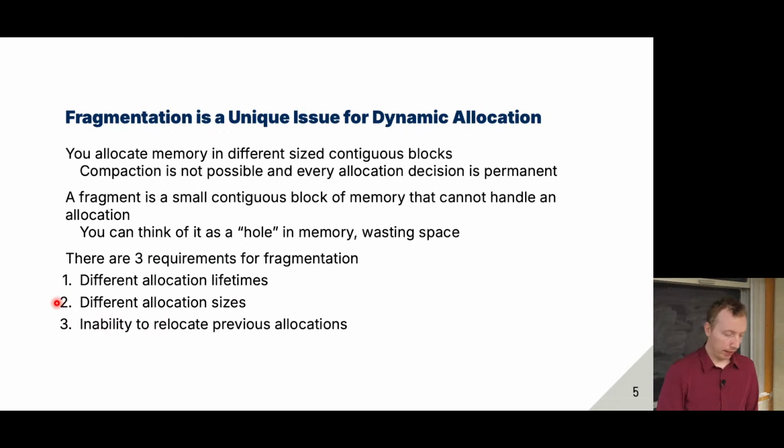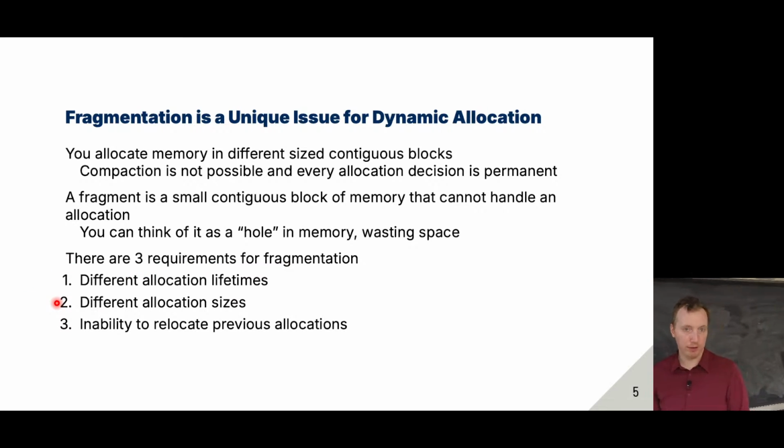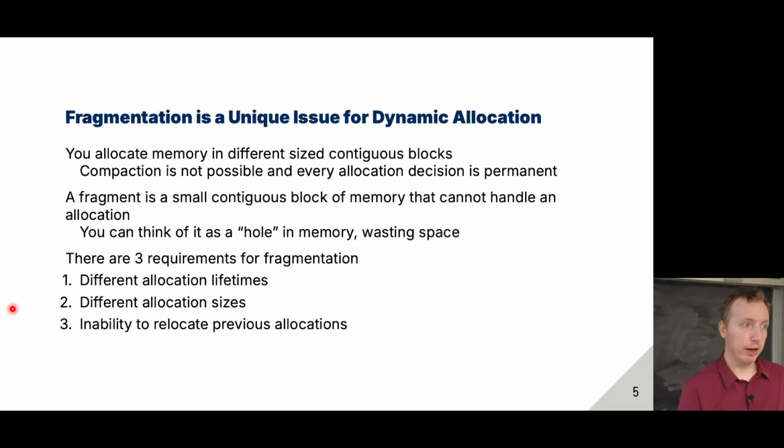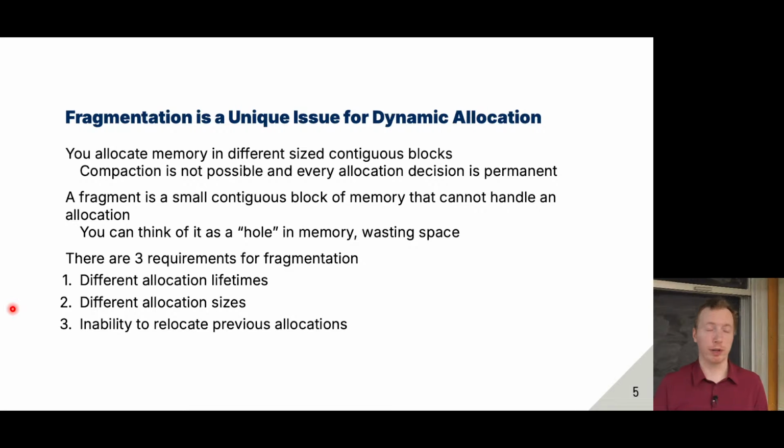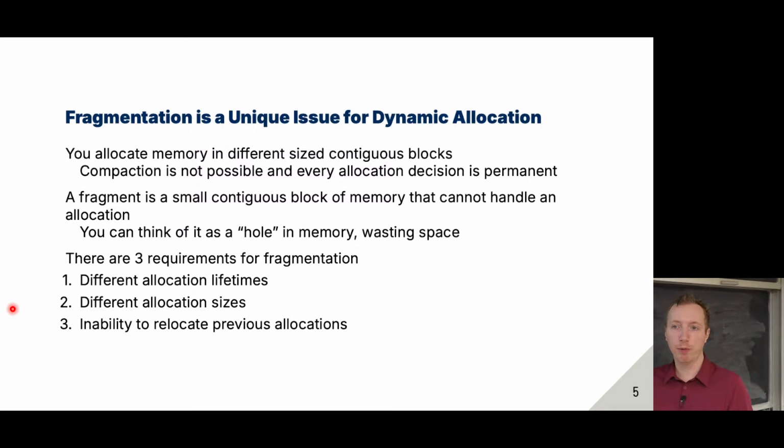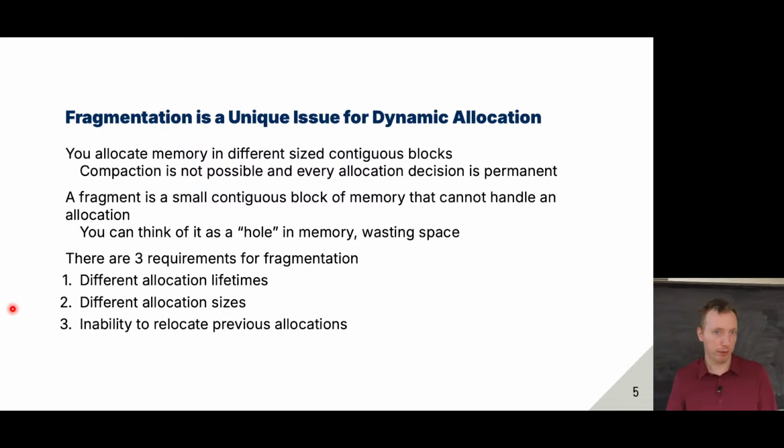If all my allocations are the same size, think of page allocators or your inode array in lab 6, there's no fragmentation because one is as good as any other. If I have a page, it's as good as any other page.